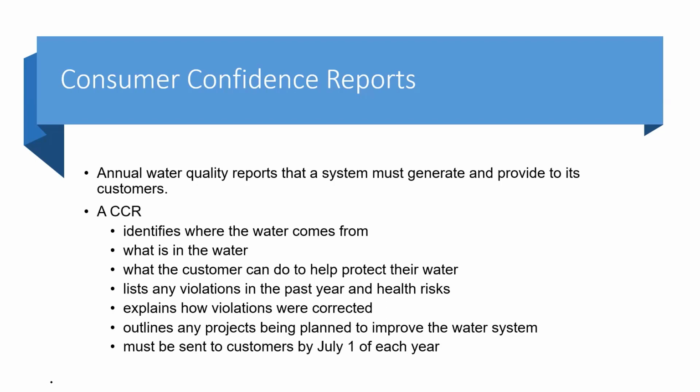It also talks about what you can do to protect your water source, lists any violations that occurred in the past year, any health risks, discusses how those violations were corrected, outlines any projects that are planned for the system, and it has to be sent by July 1 every year.